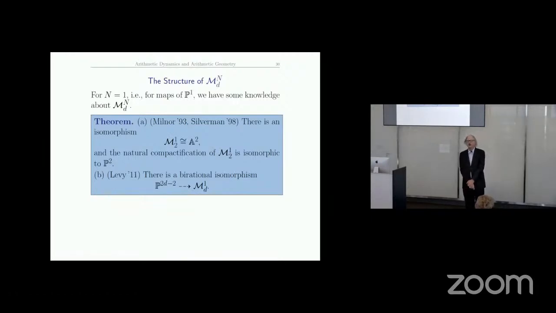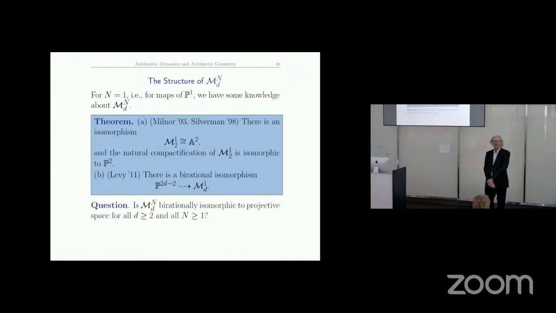In other words, there's a rational covering map with a rational inverse. That was proven by Alan Levy. But that's, again, just for maps on P1. For maps on Pn, for n bigger than 1, we still don't know. It's an open question. And actually, I don't think there's even a consensus as to whether these spaces are rational varieties or not.